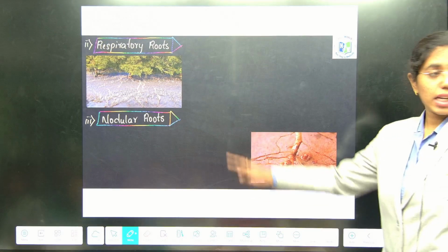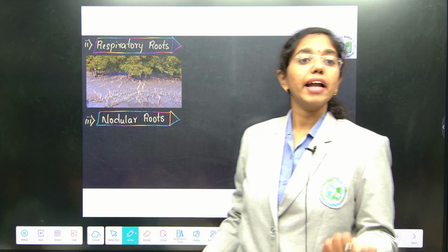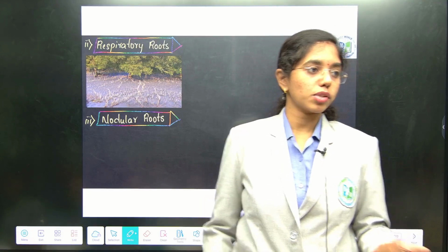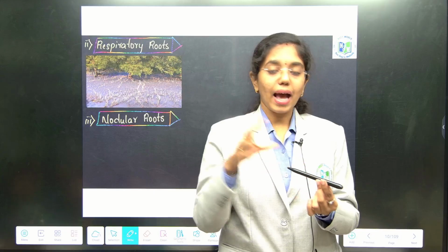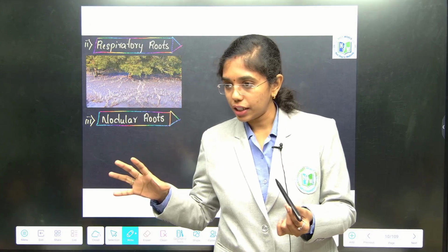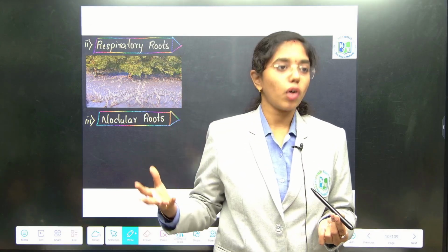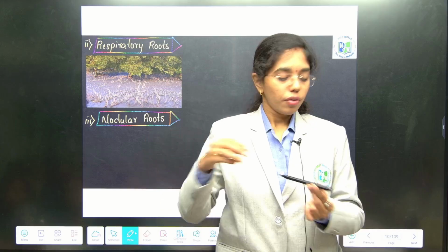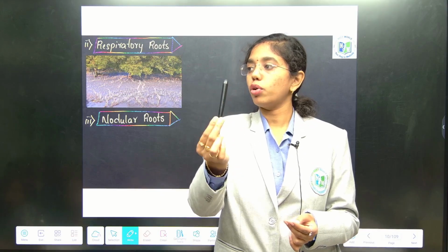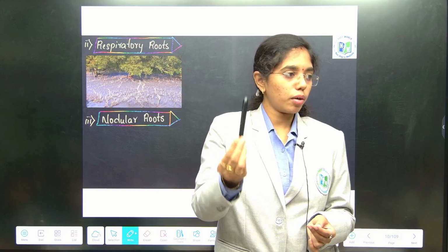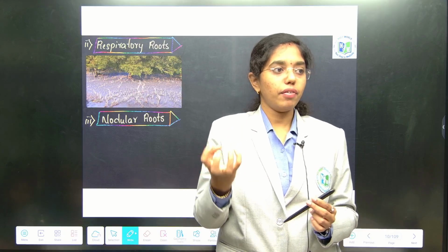Respiratory roots are also known as pneumatophores or breathing roots. They grow positively geotropic, and as the plant is in halophilic conditions, it is deprived of oxygen. So, for oxygen needs, the root will rise positively phototropic again, above the water bodies, and it will breathe for gaseous exchange.